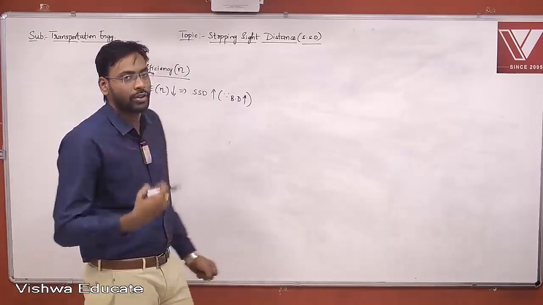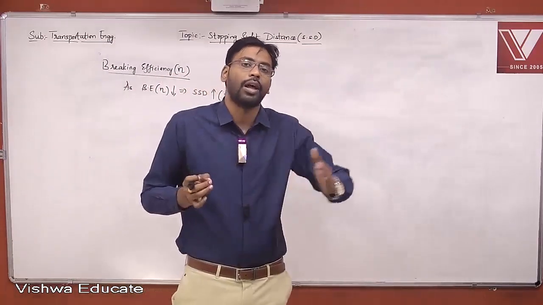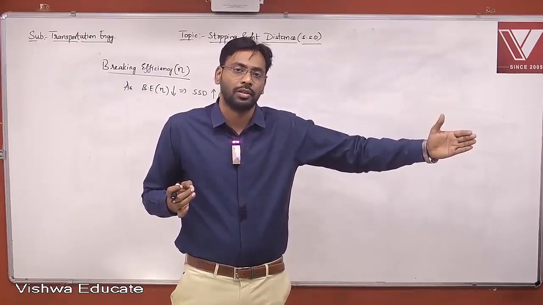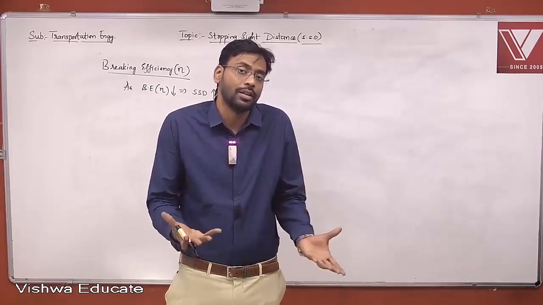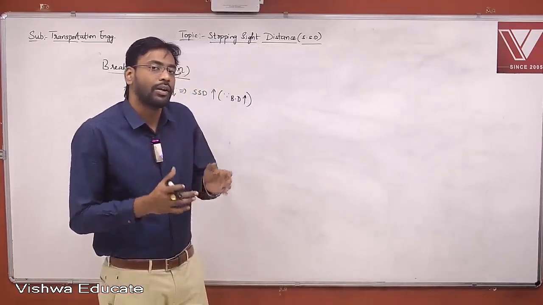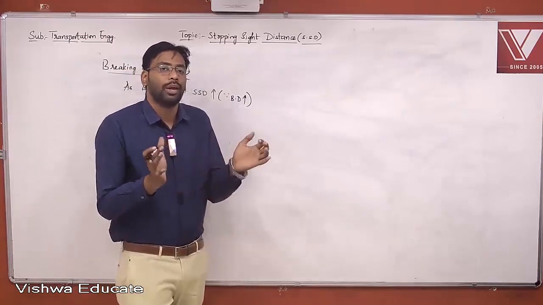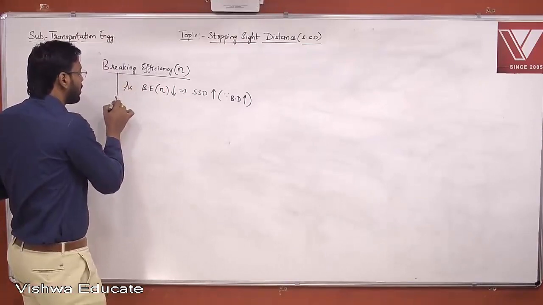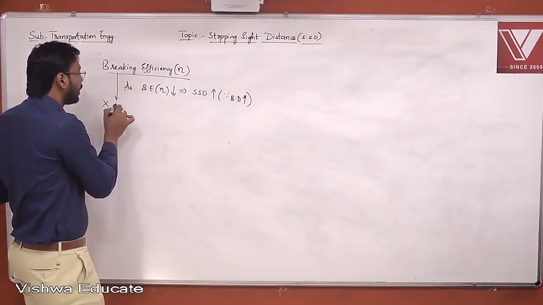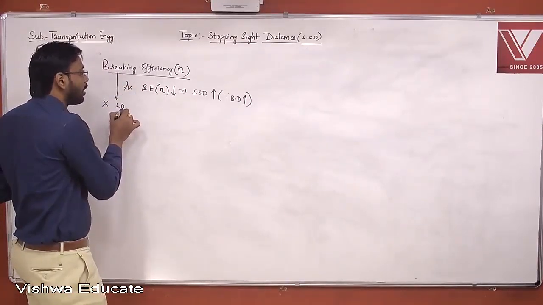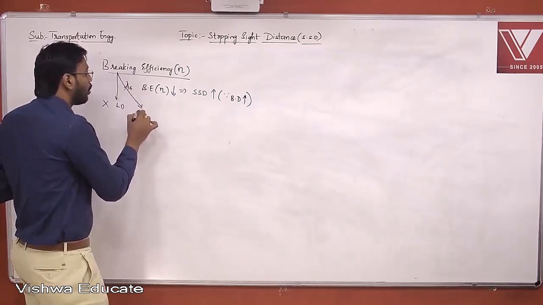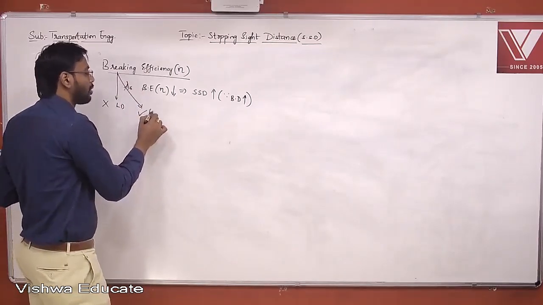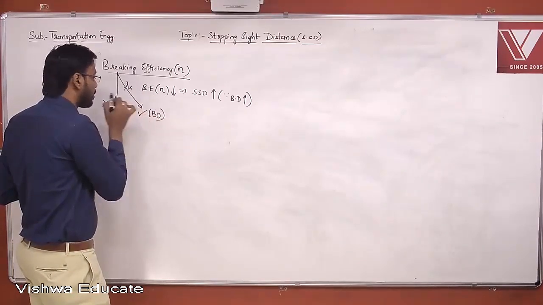After the application of brakes, it needs to travel more distance if the braking efficiency is lesser. If the braking efficiency is more, the braking distance will be lesser. So braking efficiency has nothing to do with the lag distance. It only has an influence on braking distance.